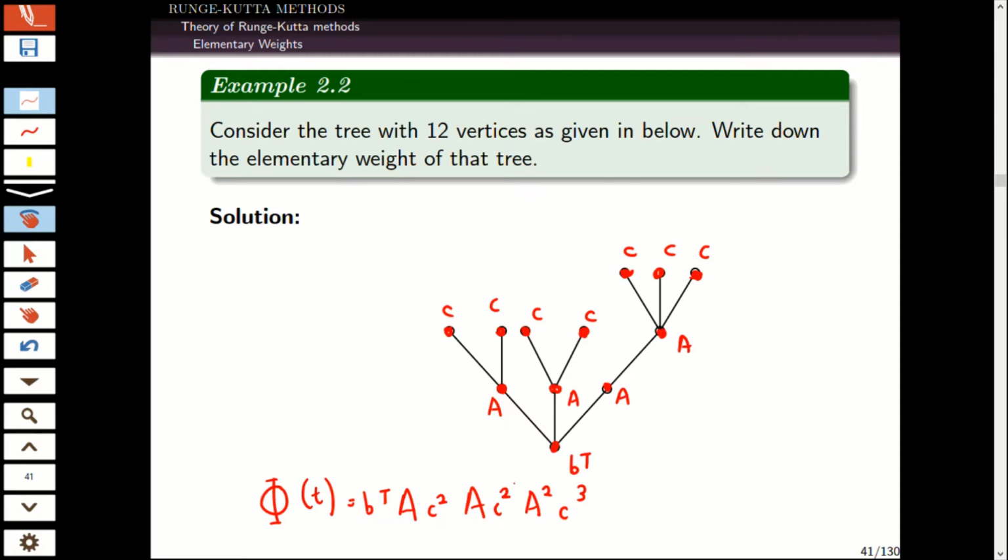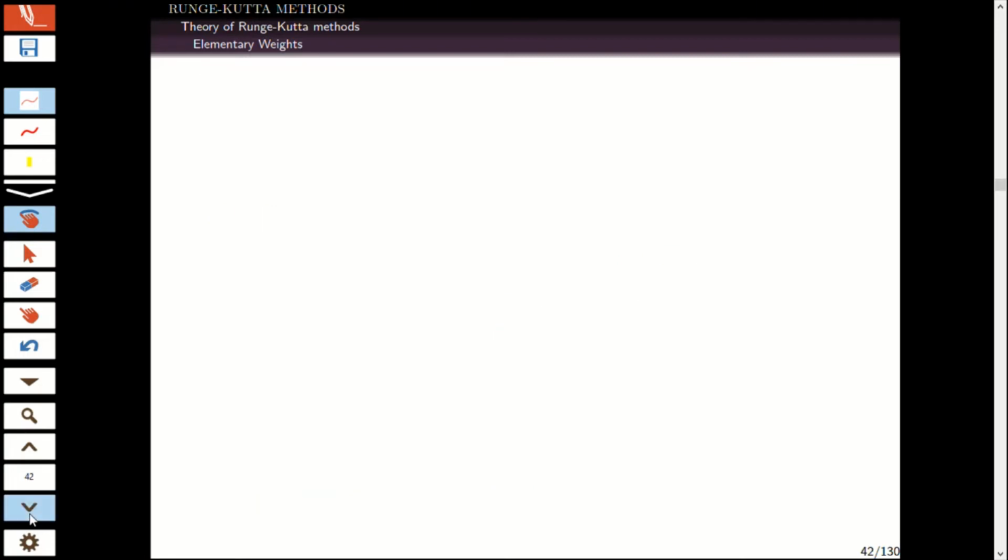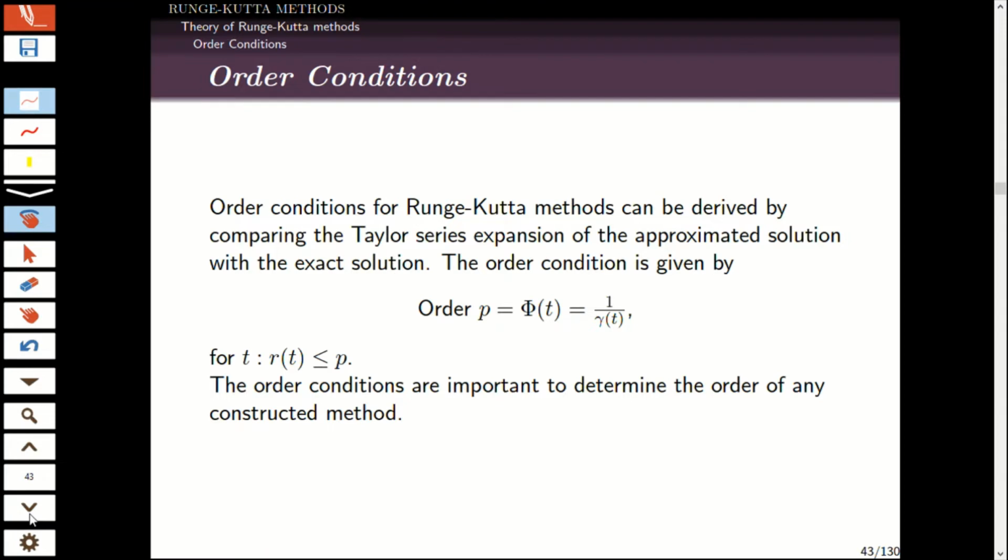Okay, there's a reason why you are learning all these things. The theory of Runge-Kutta methods, we'll look at it later. Now from the elementary weight, the order condition for a Runge-Kutta method can be derived by comparing the Taylor series expansion of the approximated solution with the exact solution.